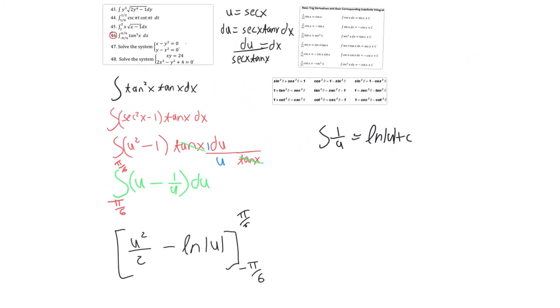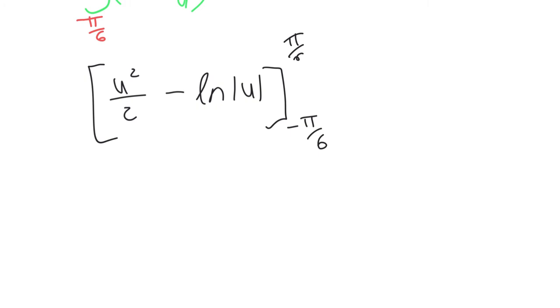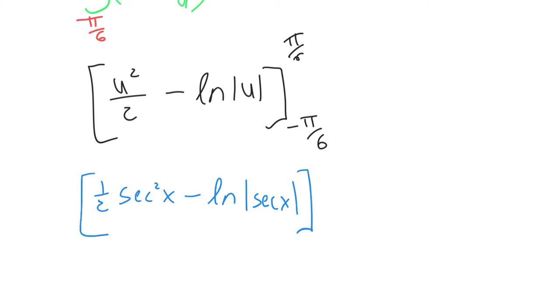U was secant x, so we could simply write secant squared x over 2, or maybe we could even say 1/2 secant squared x minus ln of the absolute value of secant x, and that is going to be with these.